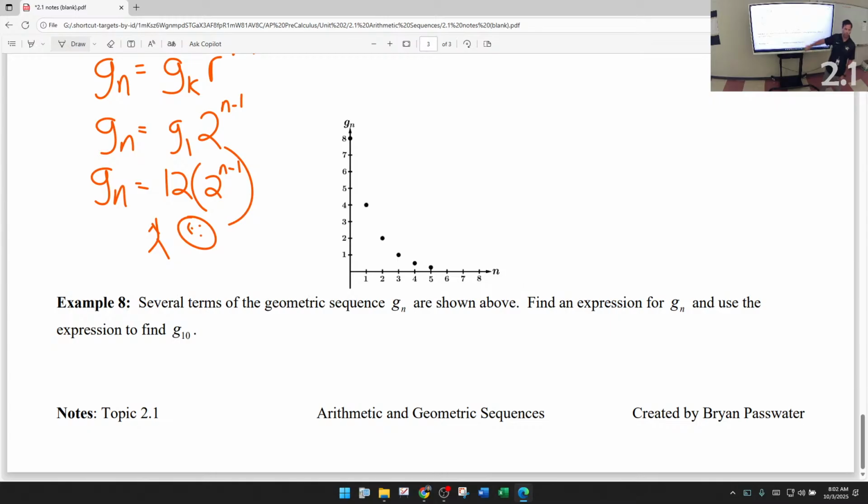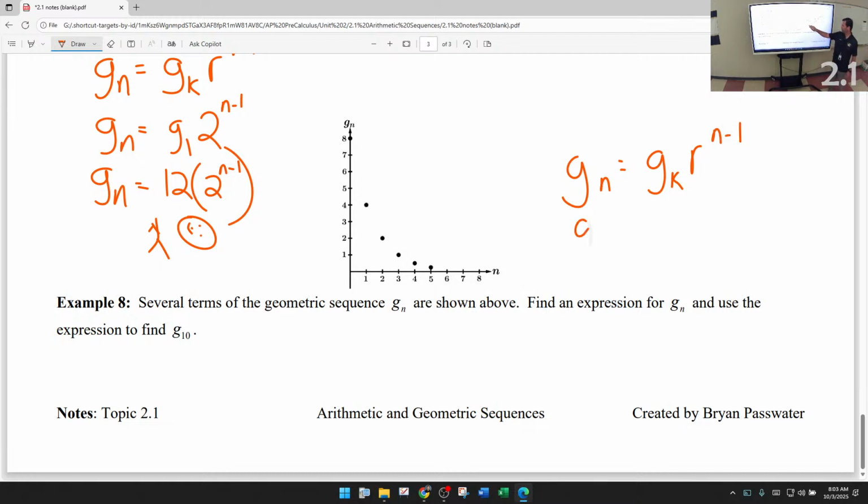Several are shown here. Find the value. I would use G sub 0. G sub n is equal to G sub k times R to the n minus k.